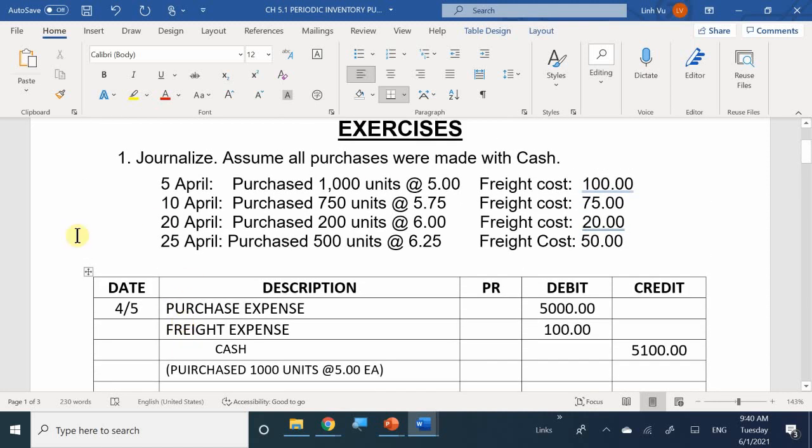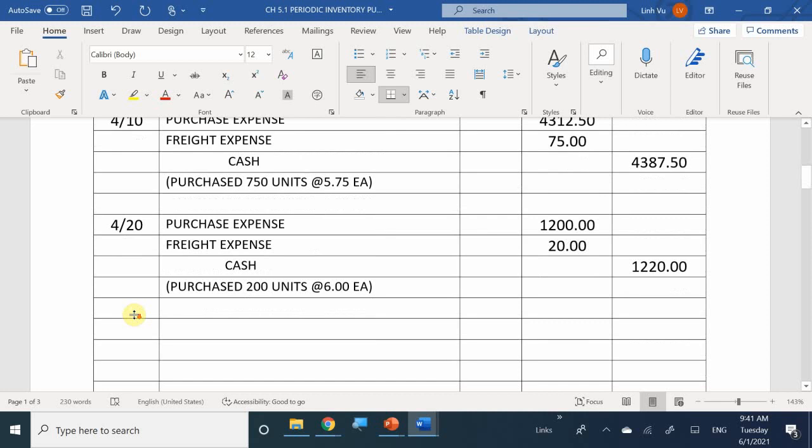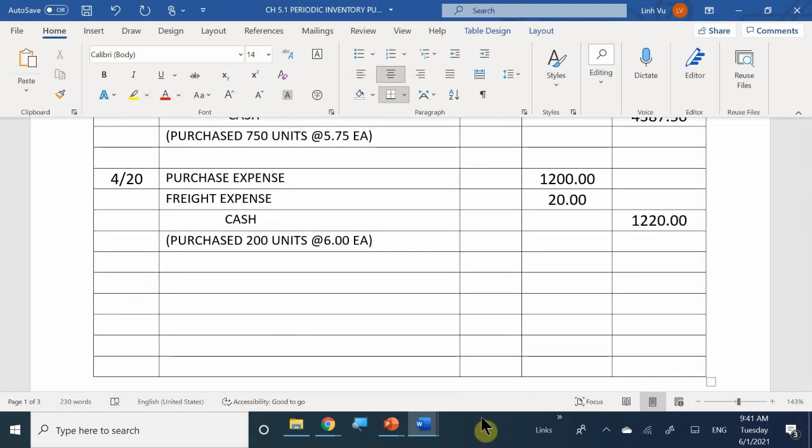And last but not least, we have April 25th. We purchased 500 units at $6.25 each, and my freight cost was $50. So how do I journalize this? Your purchase expense was $3,125 plus your freight was $50, so that's $3,175.